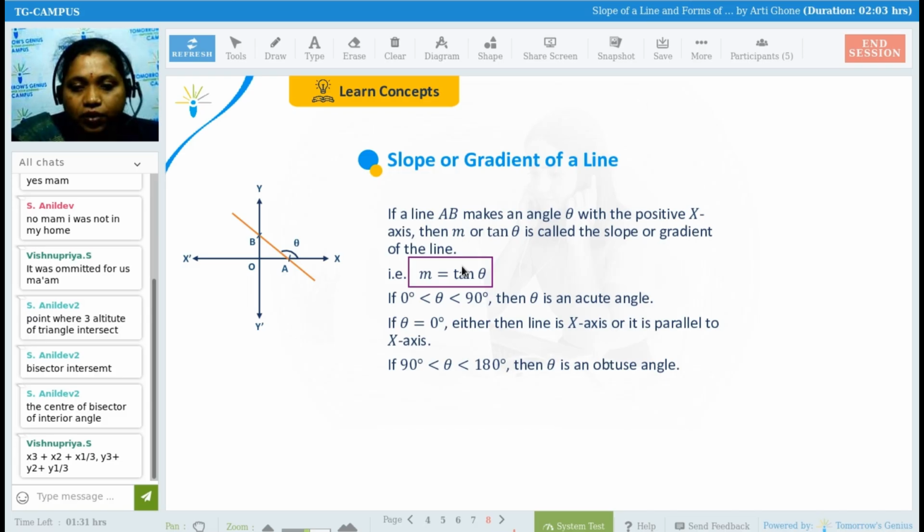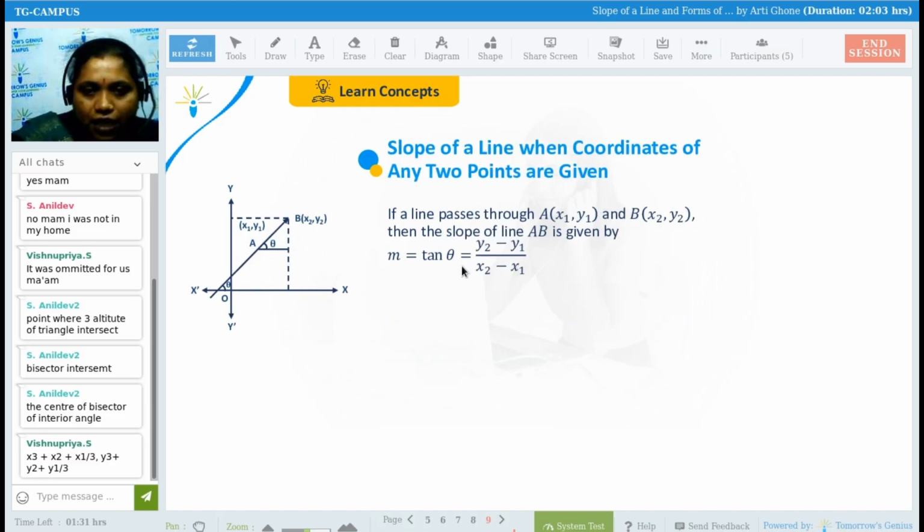So first one, m is equal to tan theta. If theta is lying in the first quadrant, then that angle is acute, obviously. If it is in any other quadrant, then that angle is obtuse. And if it is lying exactly on the x-axis, theta is equal to 0 degree. That we know, but the formula is m is equal to tan theta.